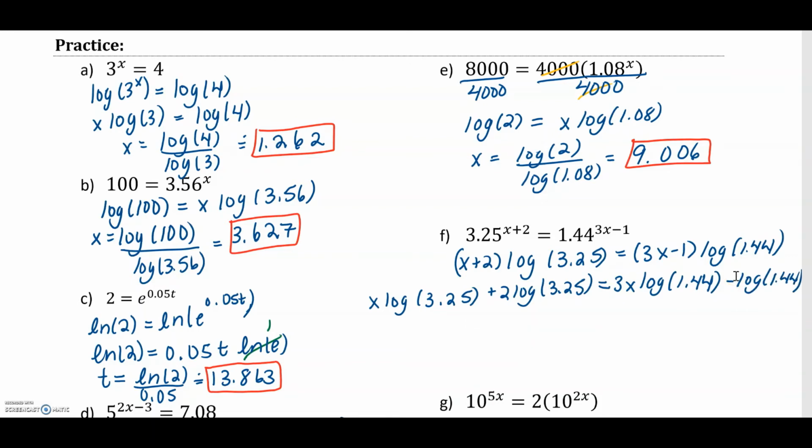Now we have two terms that have variable x and another two terms that are just constant.